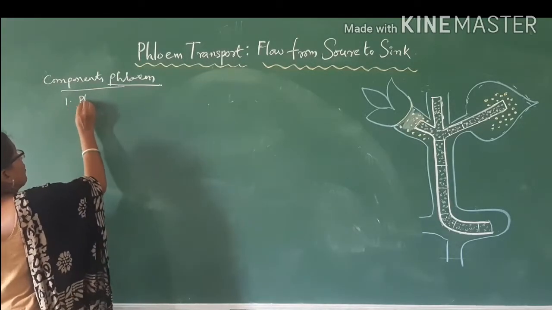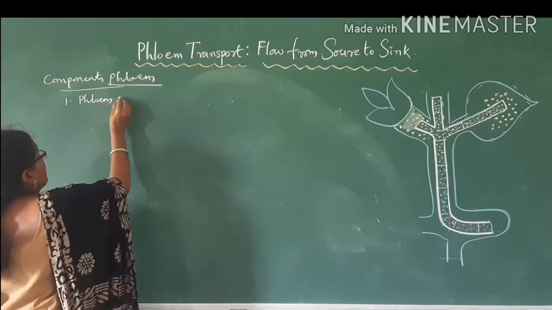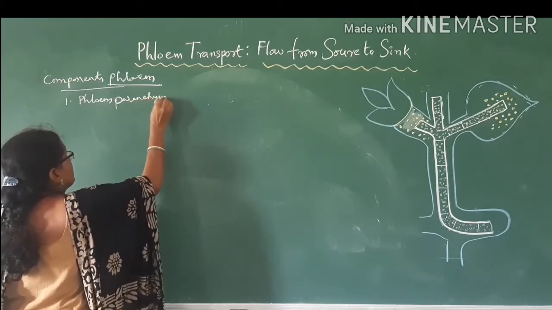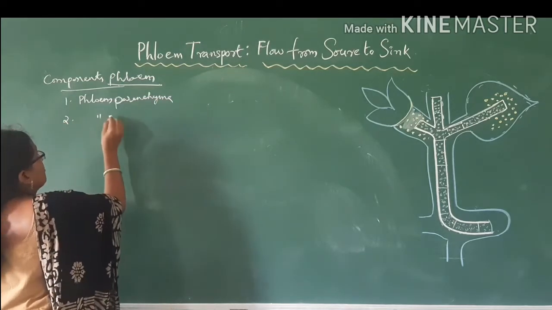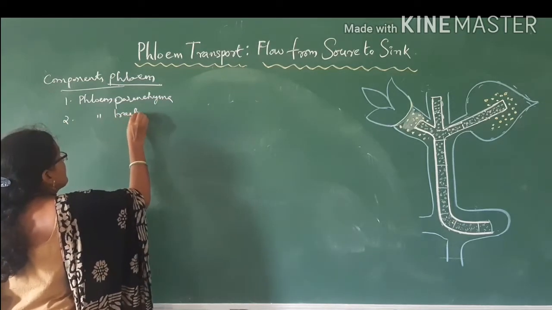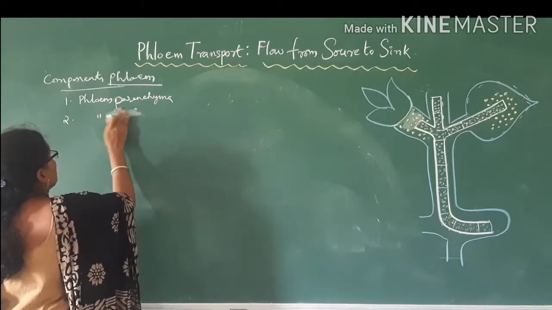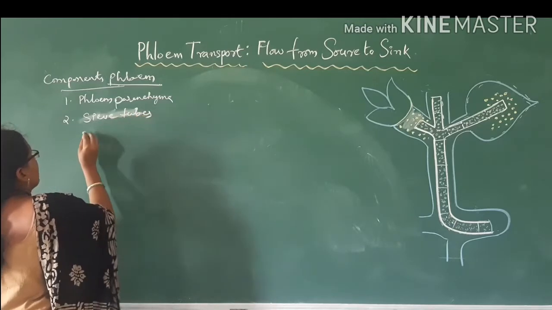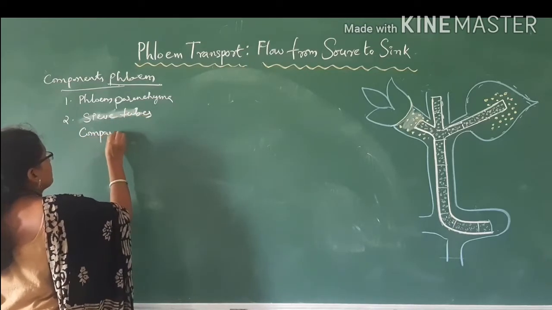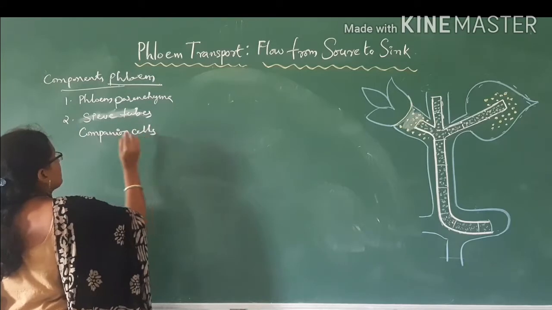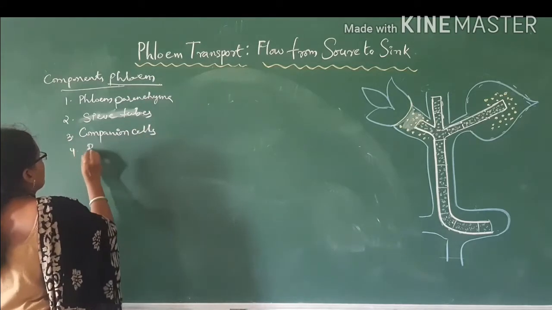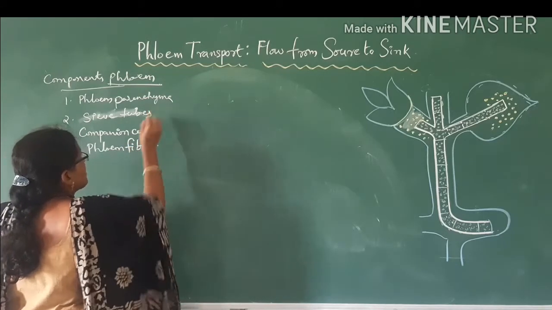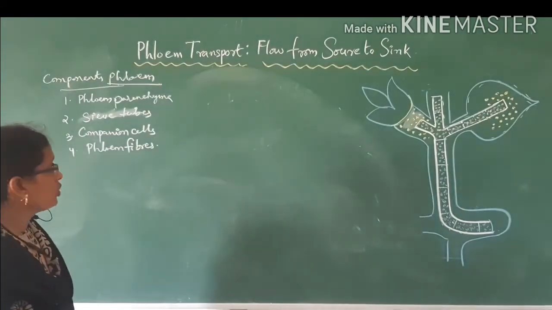One is phloem parenchyma, phloem tracheids, sieve tubes, companion cells, and finally phloem fibers. These are the components which are present in the phloem.